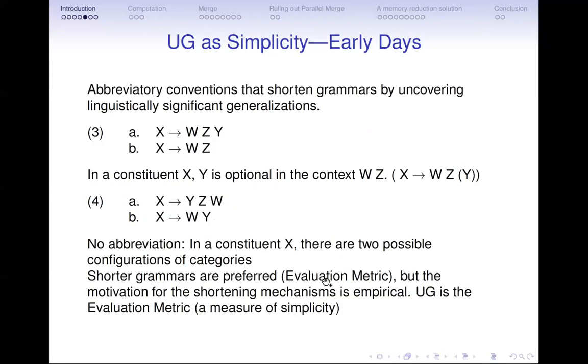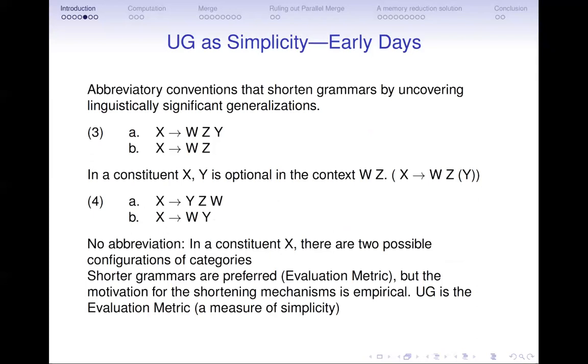Now, if we look way back in the early days, the way that Chomsky, at least, and he was the person who was really doing this then, understood what we might think of as universal grammar now, although that term would be anachronistic looking back at it, is that universal grammar was seen as a simplicity metric.